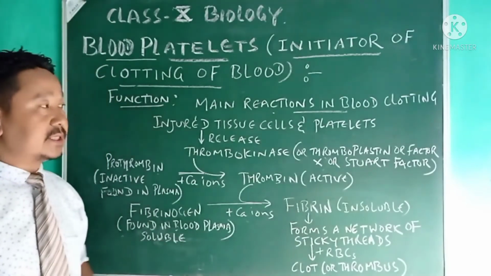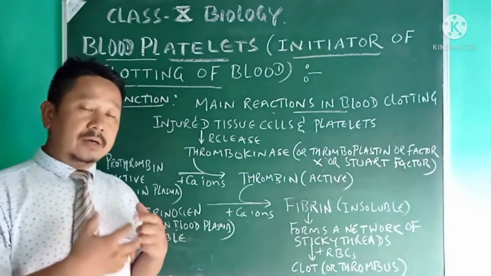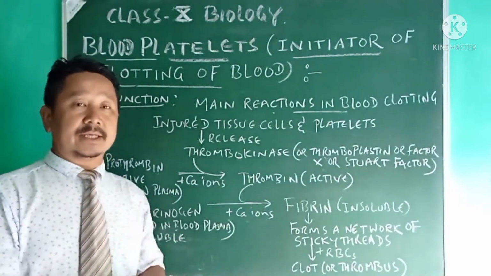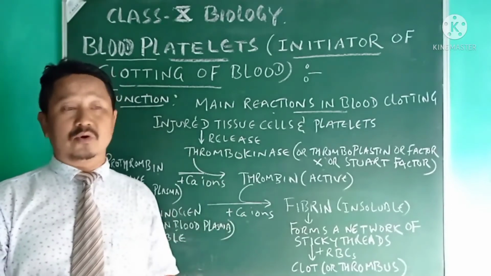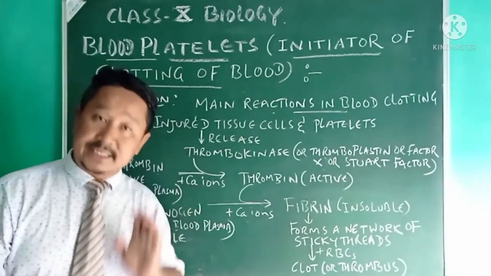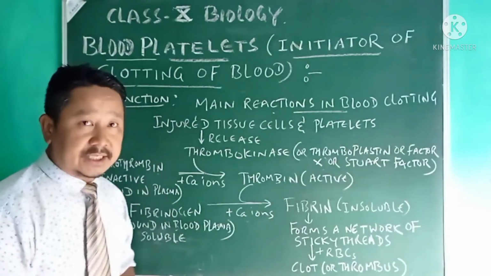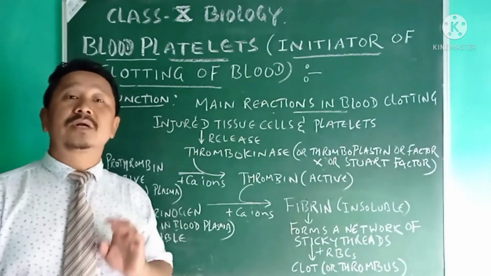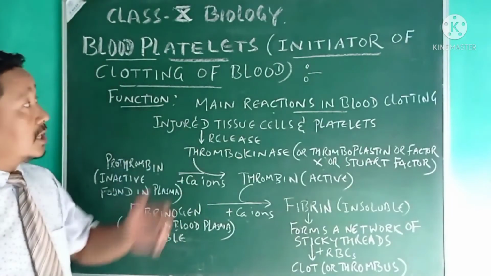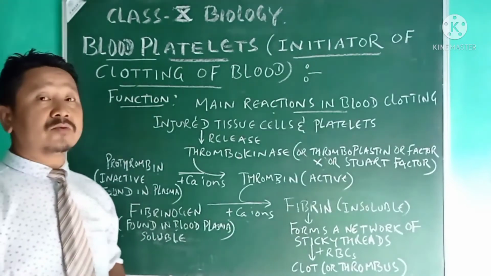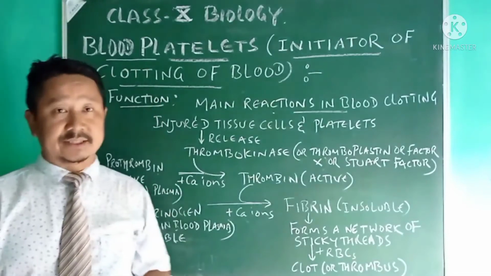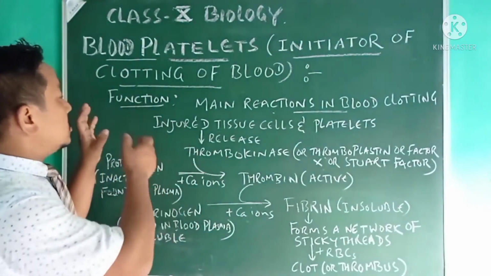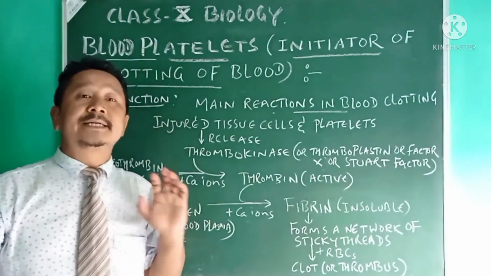Otherwise the blood keeps flowing, that means the person bleeds to death. A person will die because of the loss of blood, no matter how small the cut or injury is, if it is not clotting. So clotting of the blood is very important, which is mainly because of the role played by blood platelets. So how does this clotting take place?